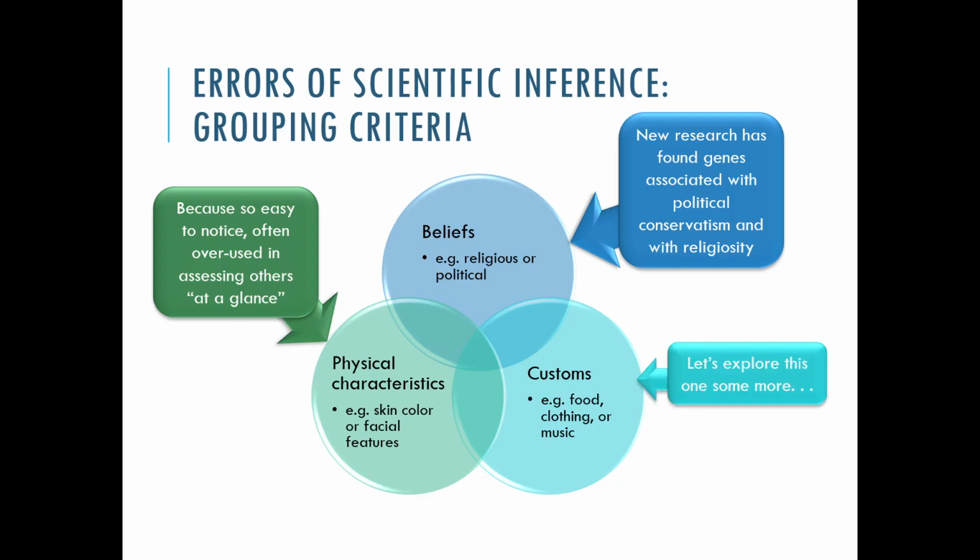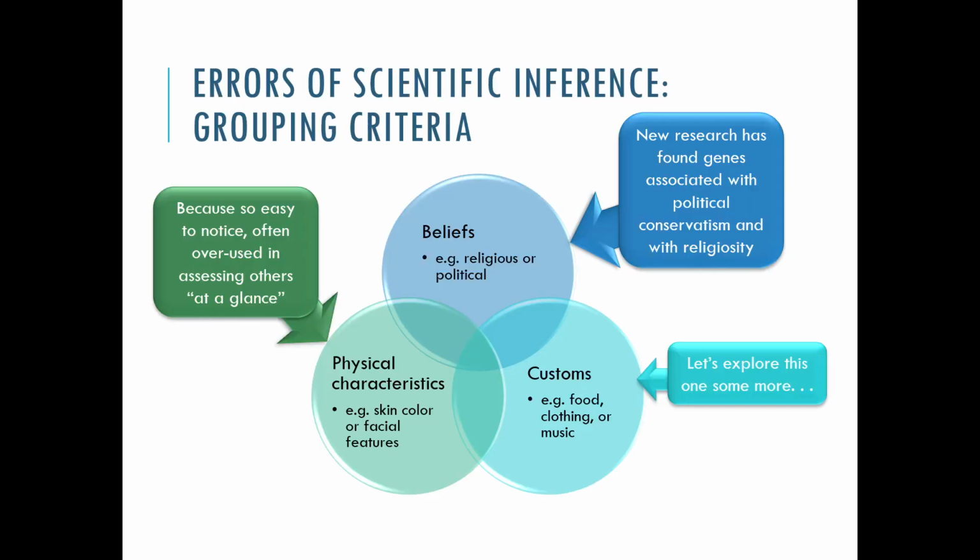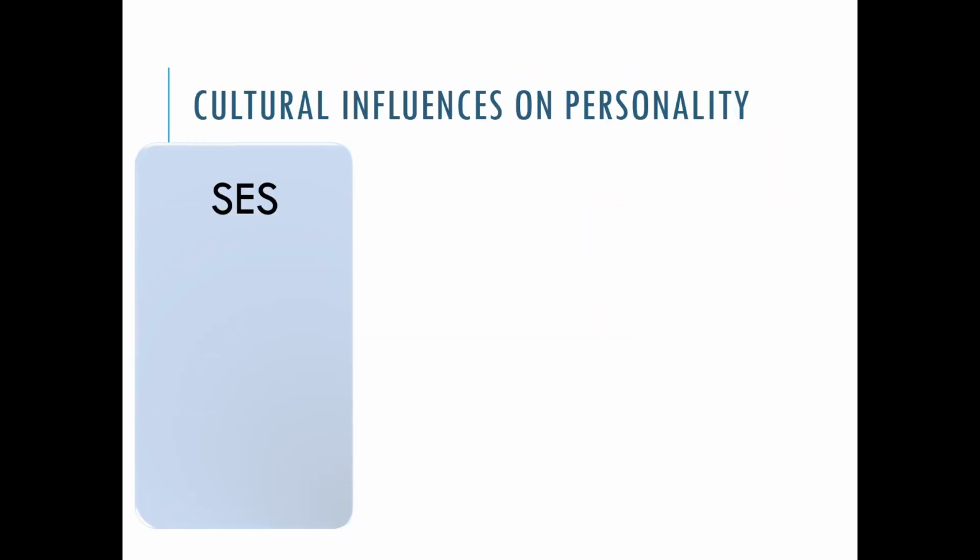Let's talk about customs a little bit more, because this one's kind of in between. I mean, we could probably pretty much at a glance determine like the food styles or the clothing styles or the music styles. It's a little bit kind of like at a glance, but let's talk about this a little bit more. How about one aspect of these customs? Socioeconomic status.